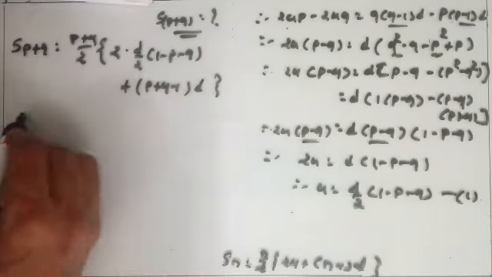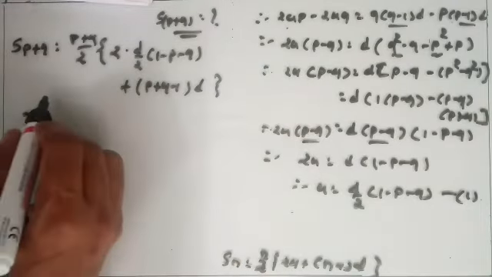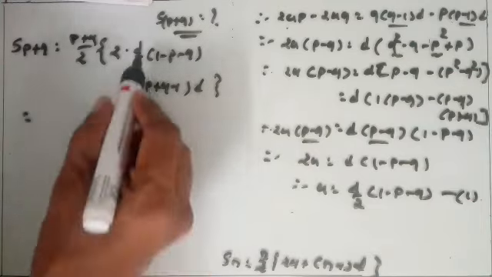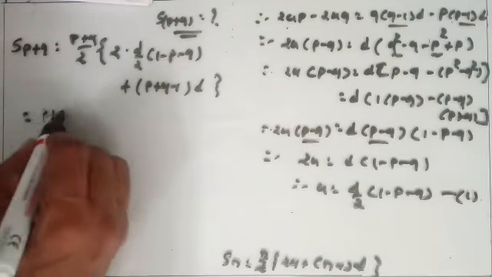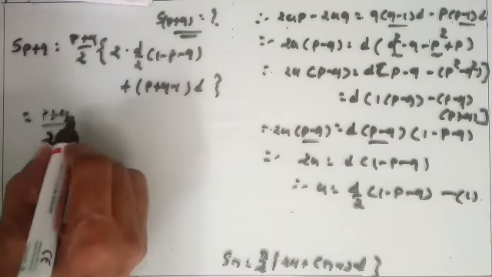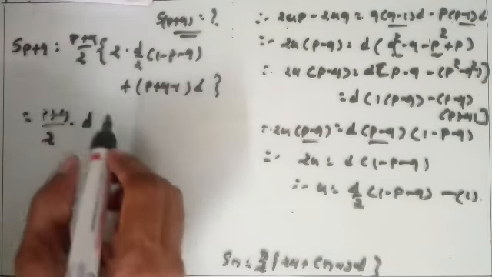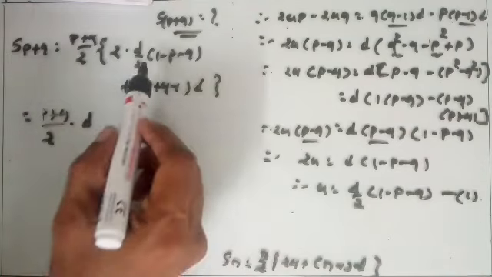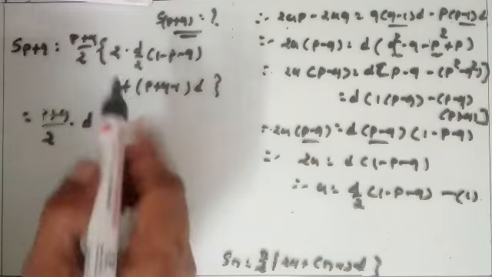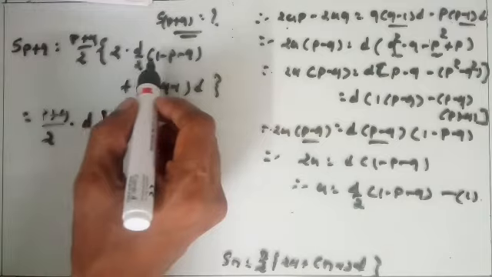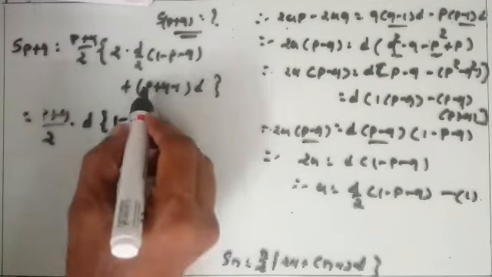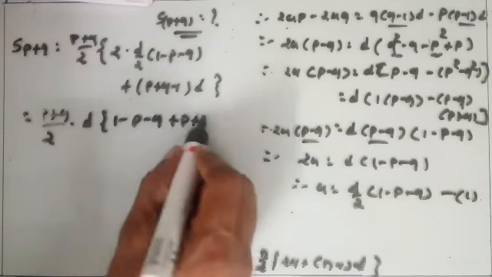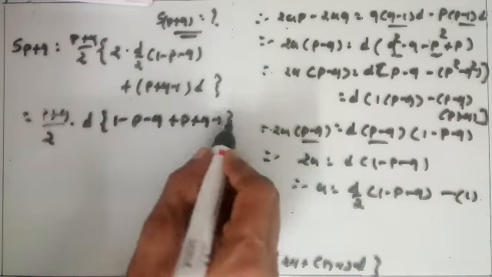Now simplify this. The 2 cancels, and taking D common from both, we get P plus Q upon 2 into D, into 1 minus P minus Q plus P plus Q minus 1. Clear?